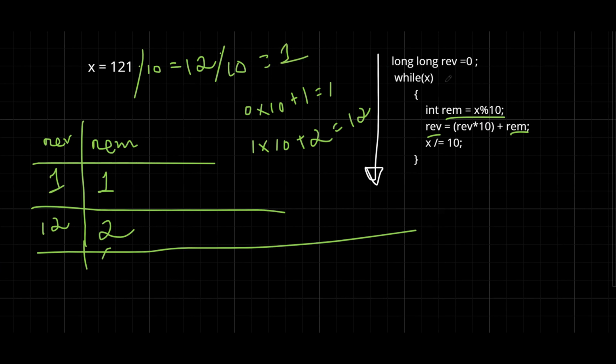Now our x is 1. So we have to find the remainder. So 1 % 10 is equal to 1. So the remainder is 1 here. Now the reverse value is reverse into 10 plus remainder, which is 12 into 10 plus remainder 1.